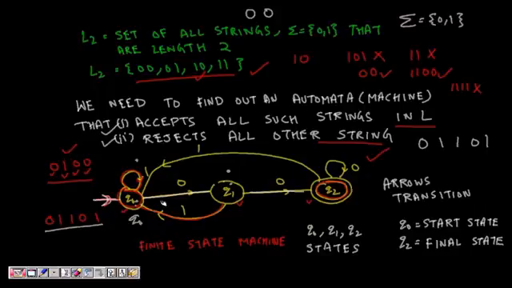For each of 0 and 1, at each state I have to have some transition for what happens when I see a 0, and what happens when I see a 1, that is, which other state I go to. This is the transition. And then we have a start state, which is denoted by this. You have only one start state. And then we have a set of accepting or final states.